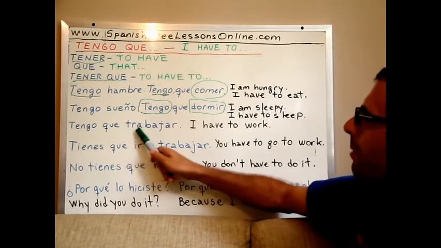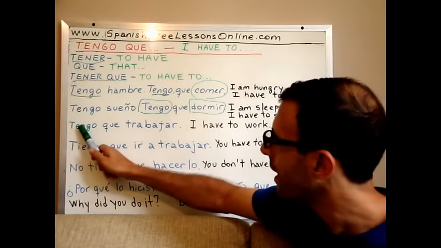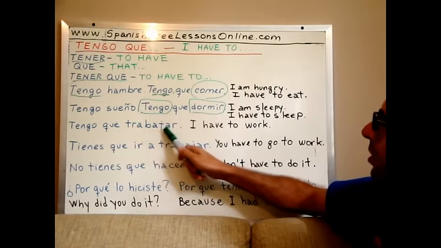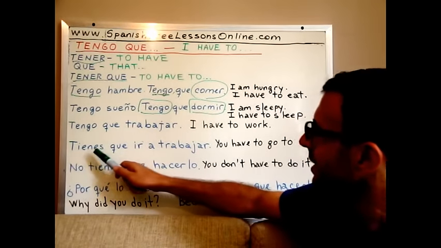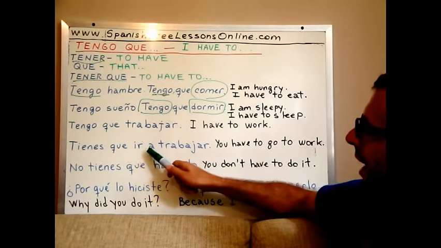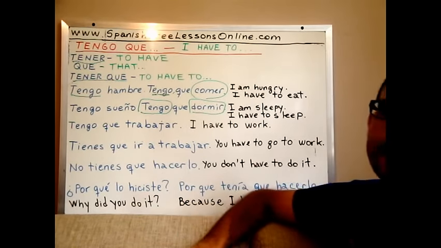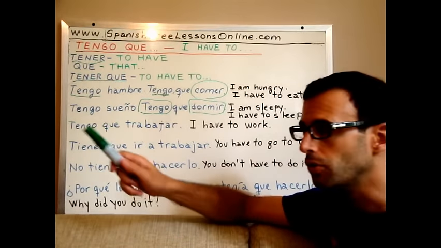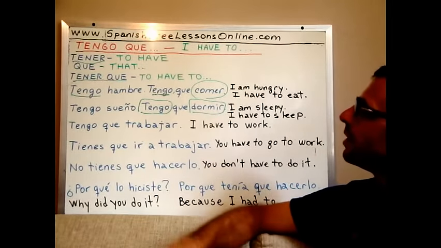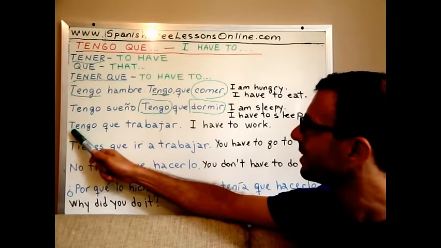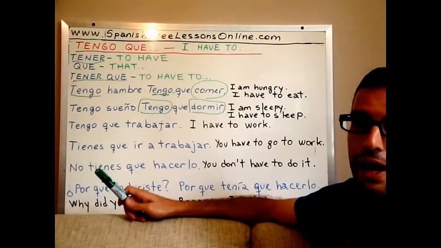Tengo que trabajar. I have to work, right? Tienes que ir a trabajar. You have to go to work, right? So while here it's shorter. Tengo que trabajar. I have to work.